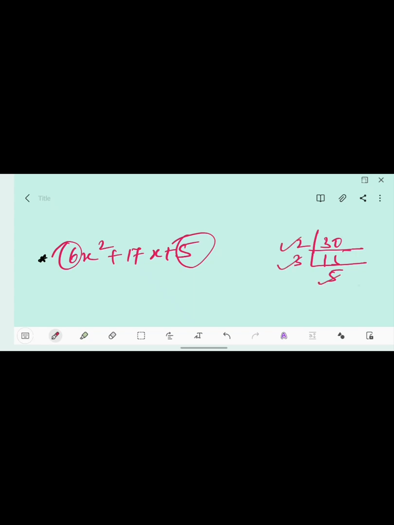Arrange these numbers 2, 3, 5 in such a manner that the addition gives you the middle term. So we have 6x squared plus, and the last number is plus 5. Plus and plus becomes plus only, so you have 2 spaces here, number 1, number 2. Arrangement is now required. So 5 threes are 15, plus 2 will give you 17. So I can take 15x plus 2x.